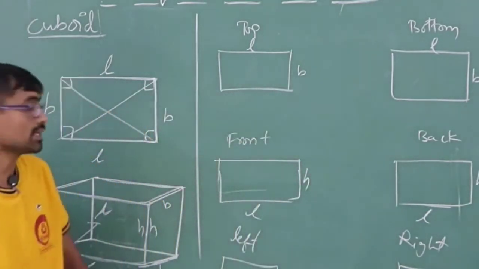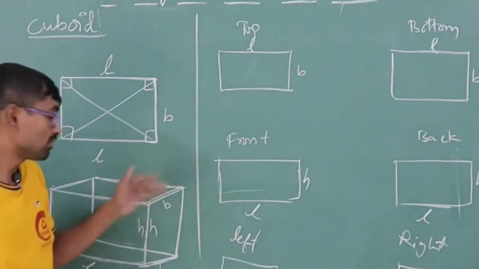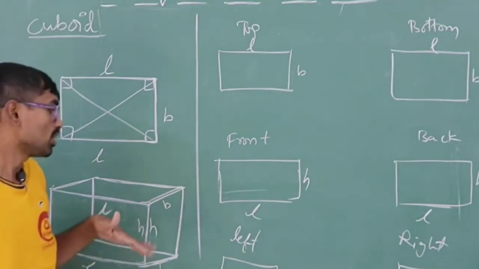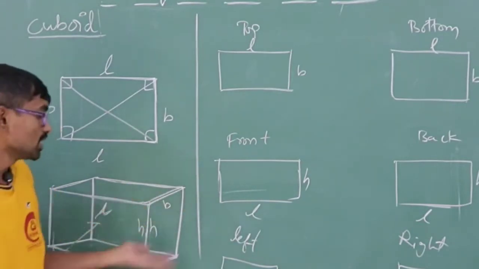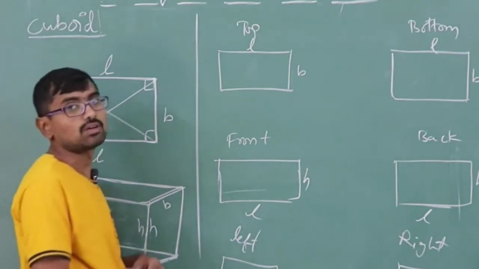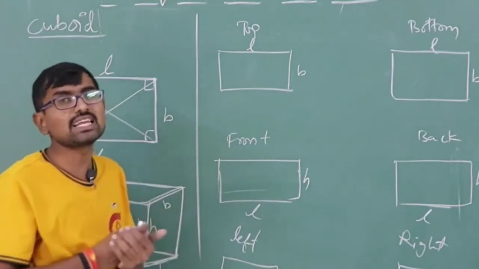So what is total surface area? The total surface covered by this cuboid, or the total material required to form this cuboid, is total surface area. We are just finding the outer surface area.